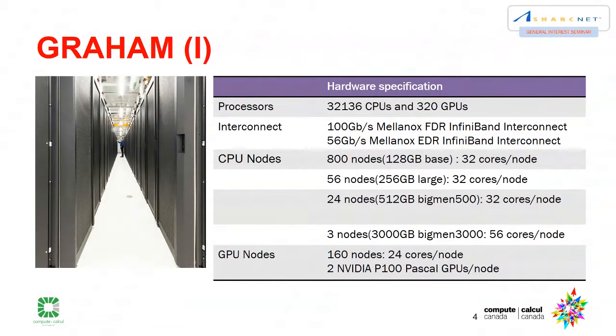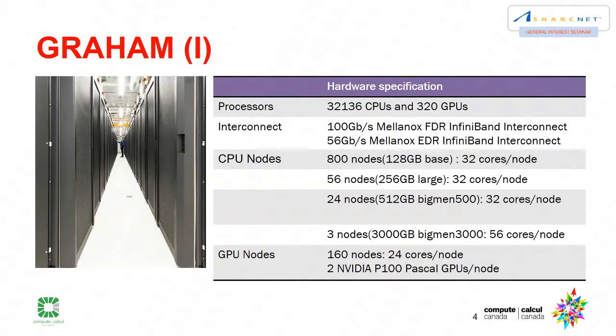As you see here, even though we call Graham by a single name, each physical node has slightly different hardware configurations. So sometimes you want to run your job with a large amount of memory. You need to specify some node information as well.